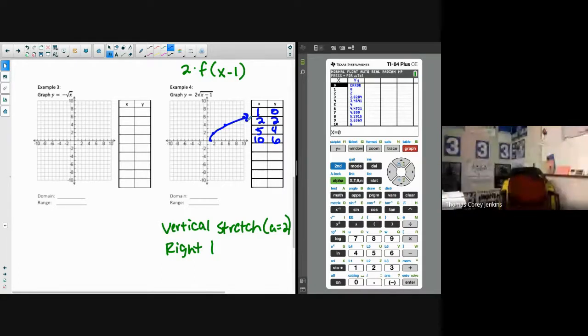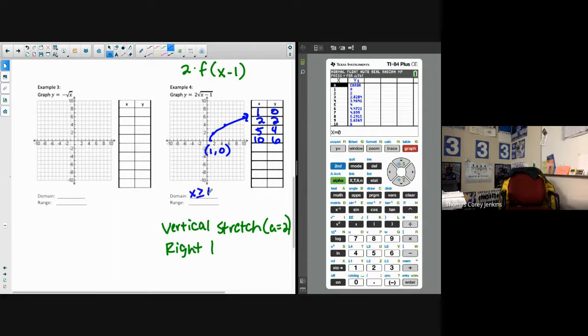All right, so this is the point we care about as far as domain and range goes. Just (1, 0). So what's my domain? This function is never going to go to the left of this point, so x greater than or equal to 1.